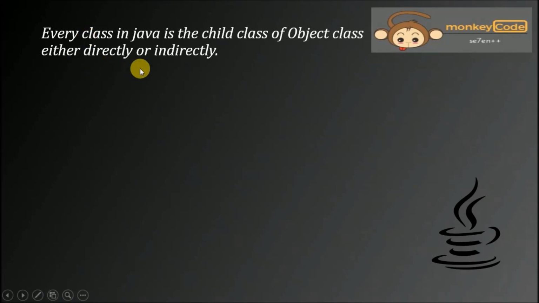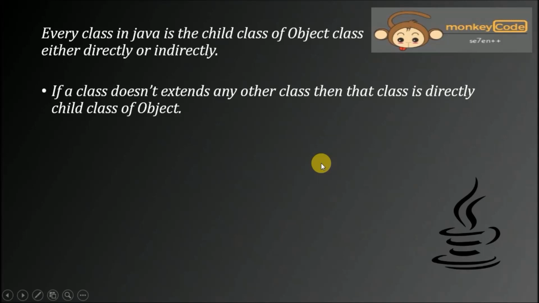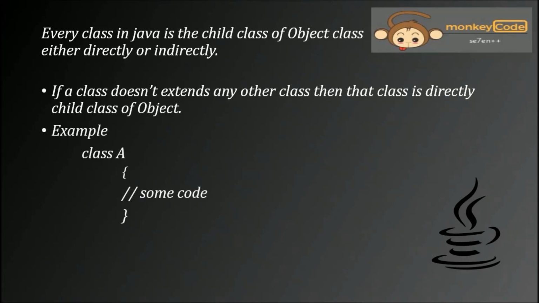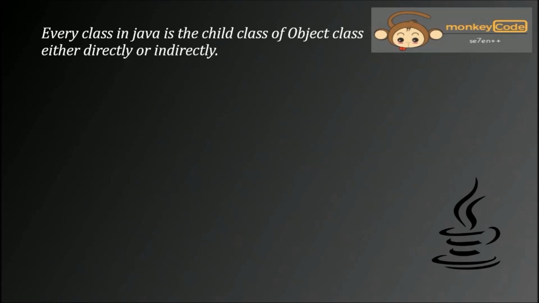Every class in Java is a child class of Object class, either directly or indirectly. If a class doesn't extend any other class, then that class is a direct child class of Object class. Like we can see here, class A doesn't extend any other class, so this class will be a direct child class of Object class. Now we will see how indirectly. This is very simple.